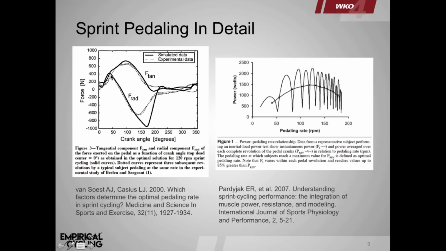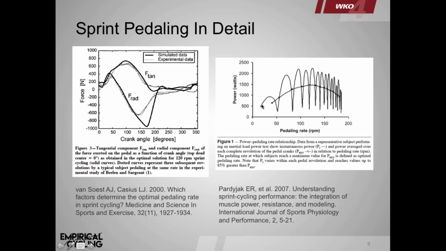And then by about 90 degrees, we've reached peak. Then it stays steady for a couple degrees, and then it drops off again. Just to make the calculation simple, this is that first quarter pedal stroke I'm talking about. At 120 RPM, this is 125 milliseconds. This is going to have pretty profound implications for sprint training later on.